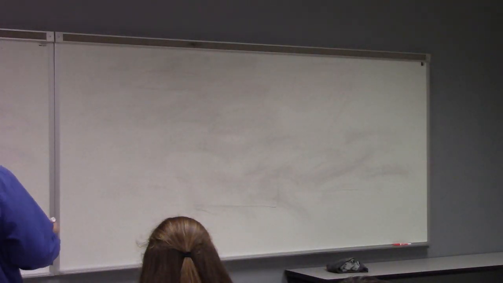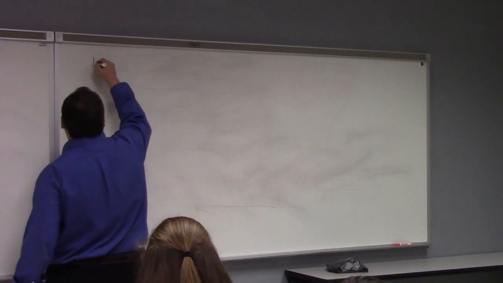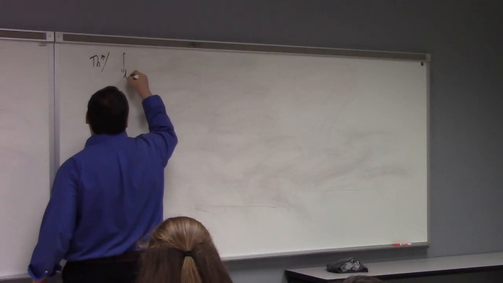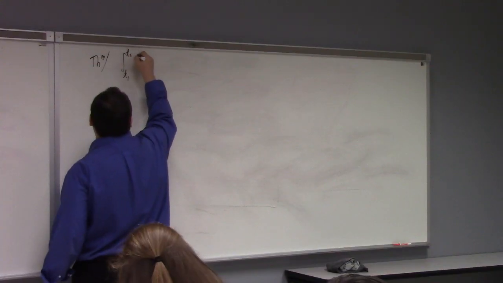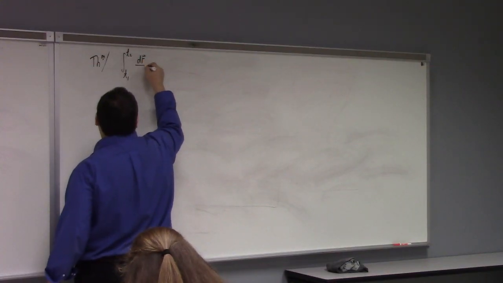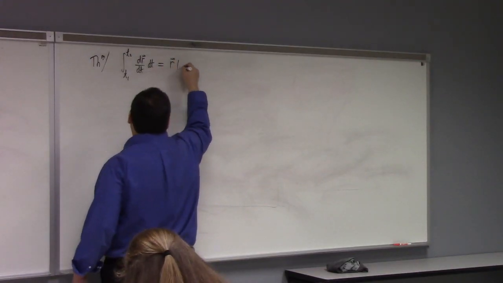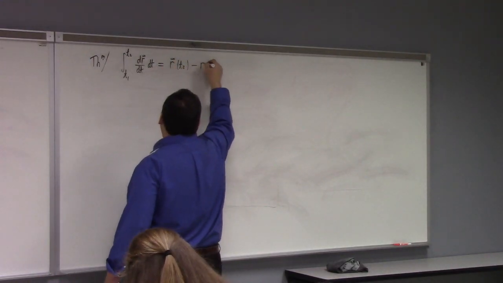So, theorem: the integral from t1 to t2 of dr/dt dt is equal to r of t2 minus r of t1.